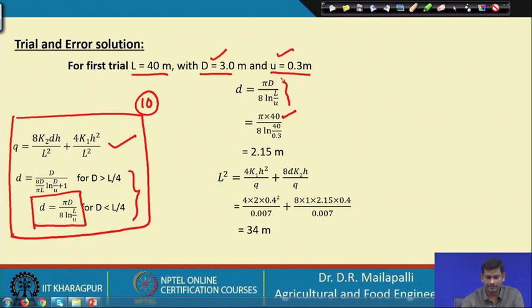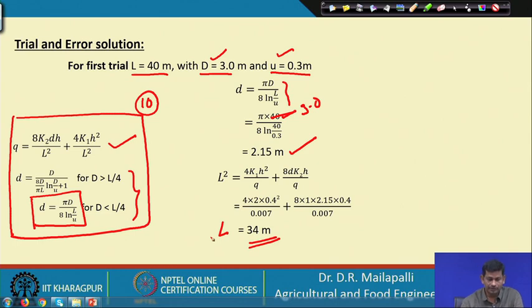This is supposed to be pi, not D, and this should be 3.0, this is D. Then putting the values you get small d as 2.15, and now you substitute that into the drain spacing formula, L square equals 4 k1 h square by q, and you get L as 34 meter.